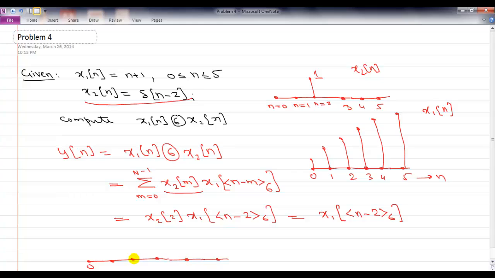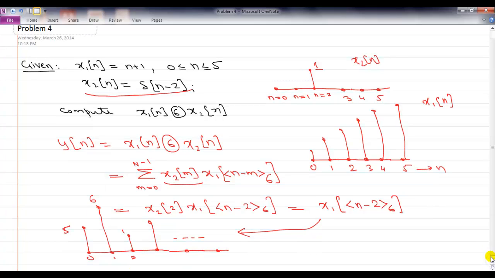So my 0 gets shifted to 2, and you keep on going, and at 0 I will get whatever was at 4. So at 4 I had 5, and at 1 I get 6, and at 2 I get 1. So this is my circular shifted copy.